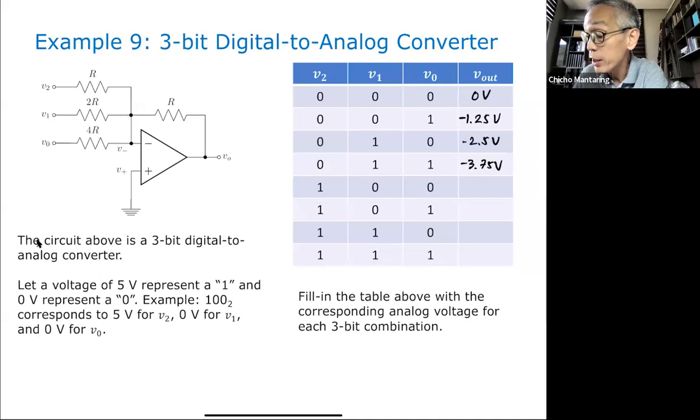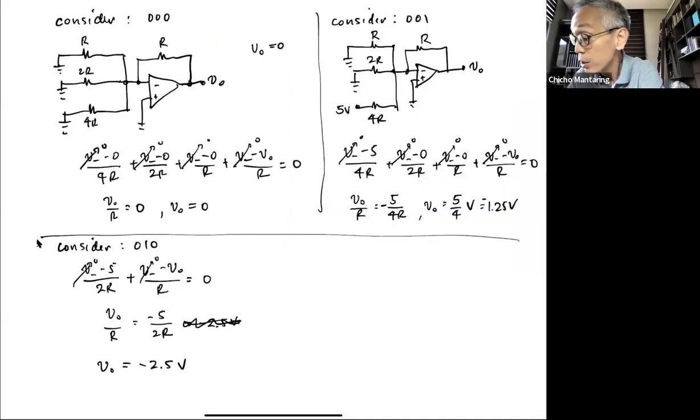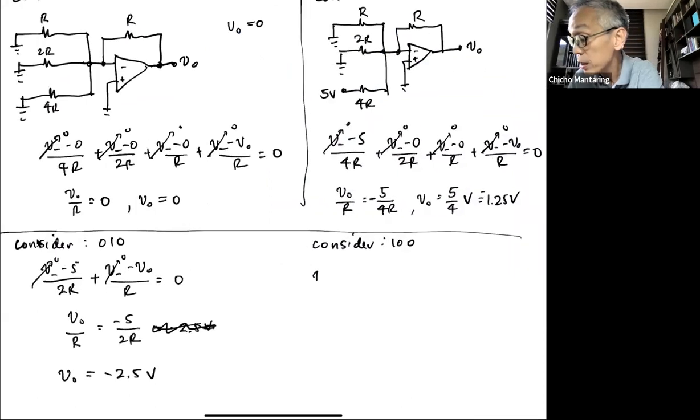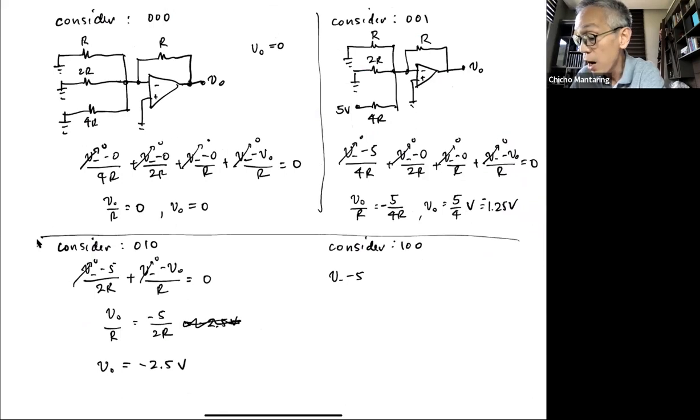So what I want to consider is 1, 0, 0. So consider 1, 0, 0. 1 is V2, so here the 5 volts is connected, and then that's 0 and 0. So it's V minus 5 over R plus V minus V sub O over R is equal to 0.